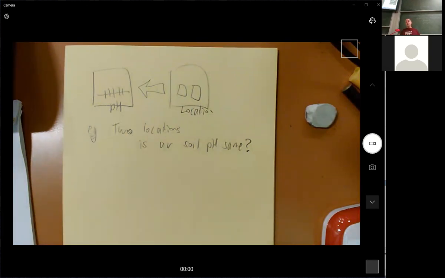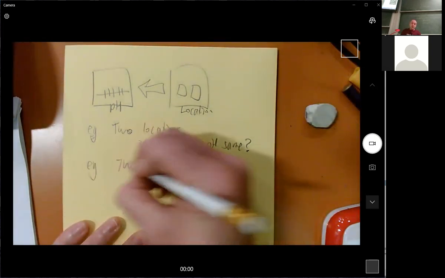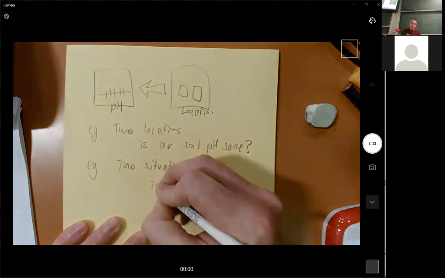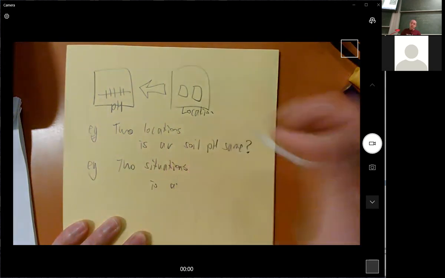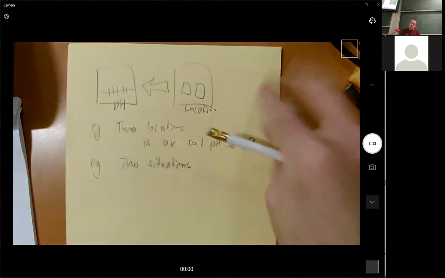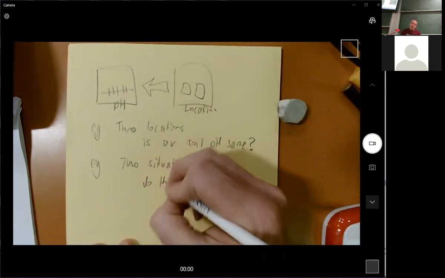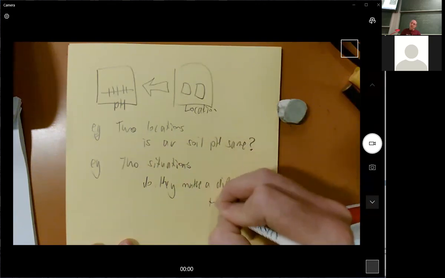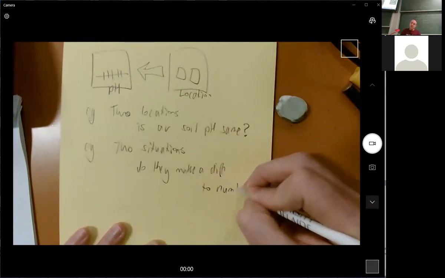So the idea, and it could be 2 situations, it could be 2 different locations. Do they make a difference to the number result, basically?